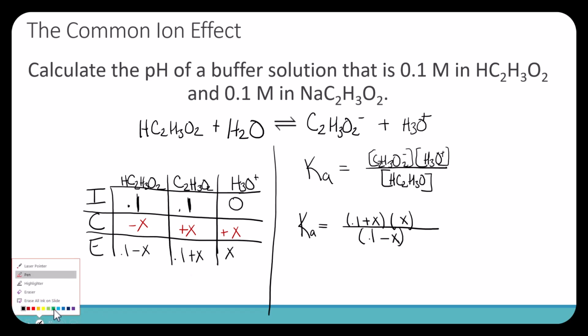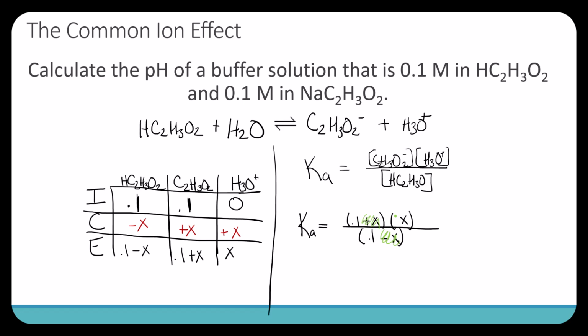So we're still going to use that the x is small assumption is true. What we've been doing in the past is we can get rid of this x that's being subtracted on the bottom. Well, if subtracting by x isn't going to affect the outcome of this solution, why would adding the x affect the outcome? It's not. So we can do x is small twice because in both cases it's not going to affect that 0.1. It's not going to make it go up by very much.